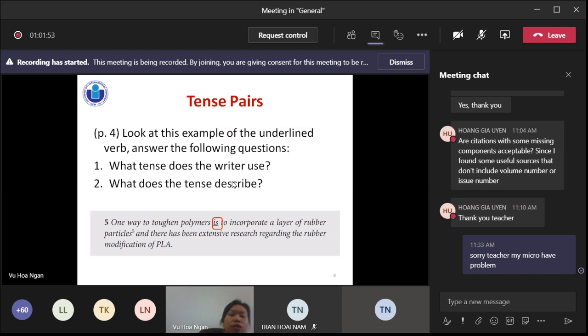So if you have the answer, you can just let us know. So I think the author used the present simple tense. Thank you. So the author used simple present tense or present simple tense, right? Now, what does that describe? So that is Ngọc, right? How about you, Ngân?